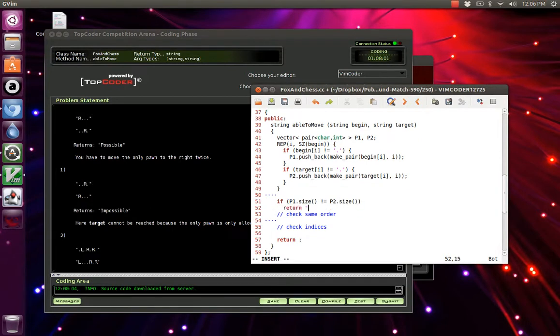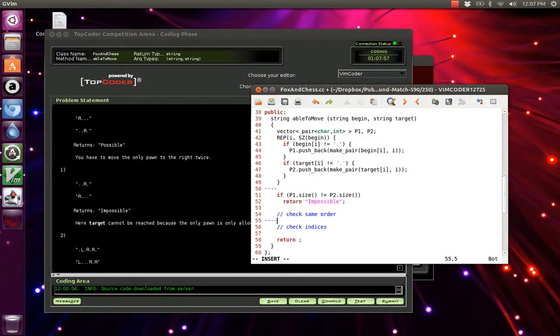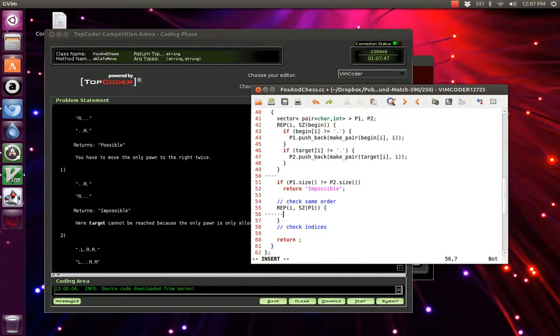So P1 has... okay, first we check the two sizes have to be the same. Well, yeah, of course they have to, because otherwise it's impossible to get more pawns into the board, because that's not a valid operation. So what is same order?